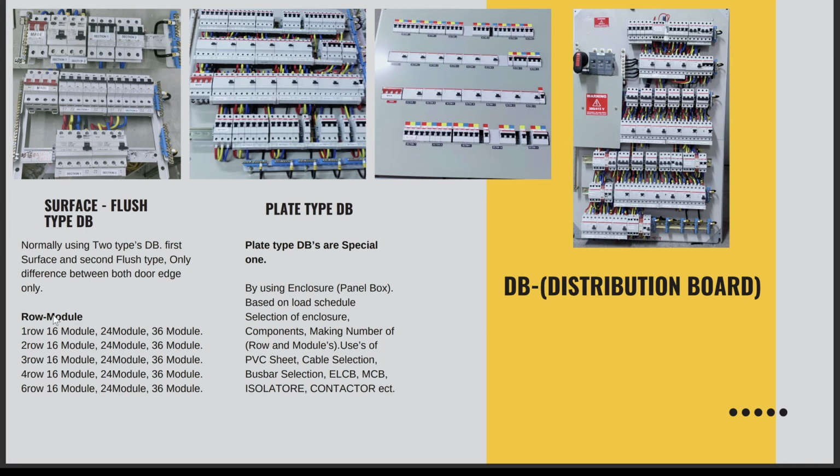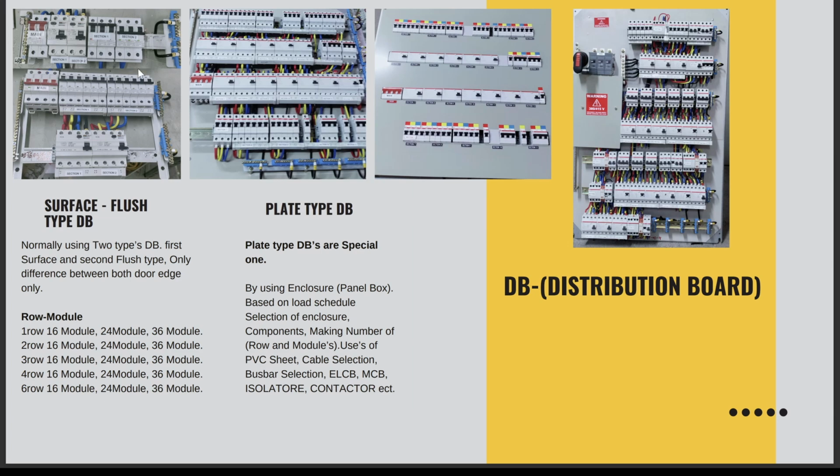Next, there are different types of DBs. We choose the DBs based on row and model. This is called one row. And 16 model is how many SPMCBs are mounted in one row, how much capacity it has; that is the model.